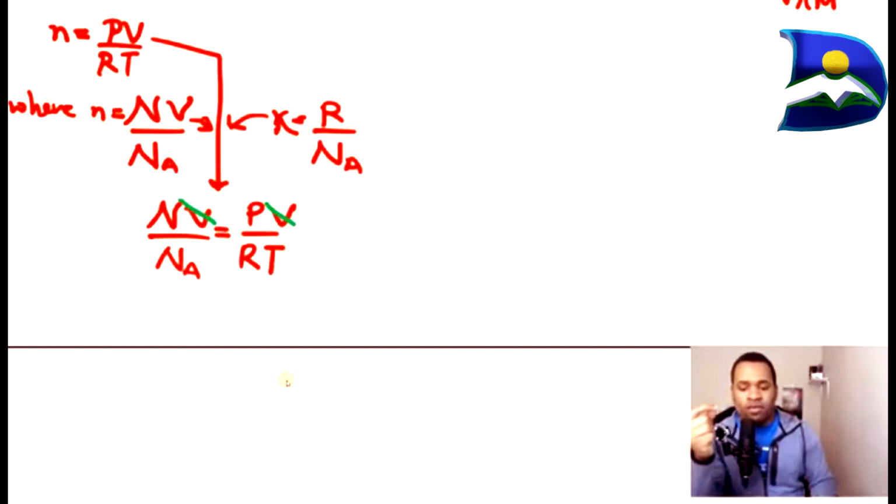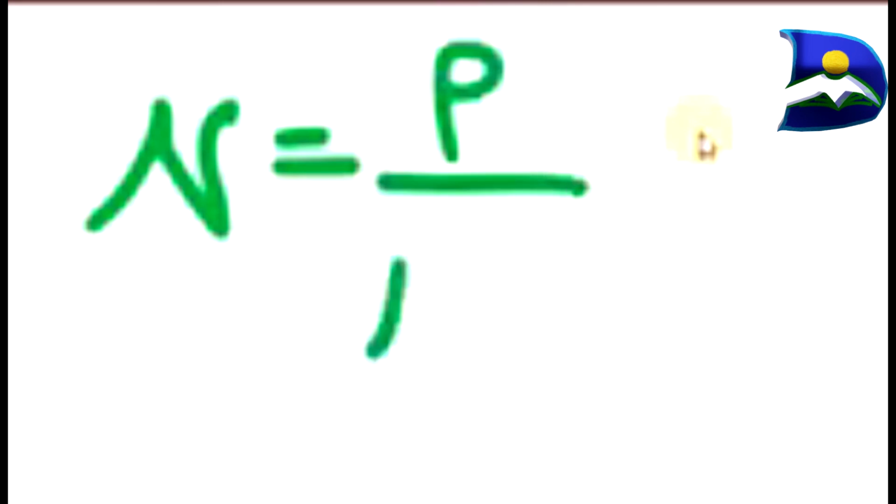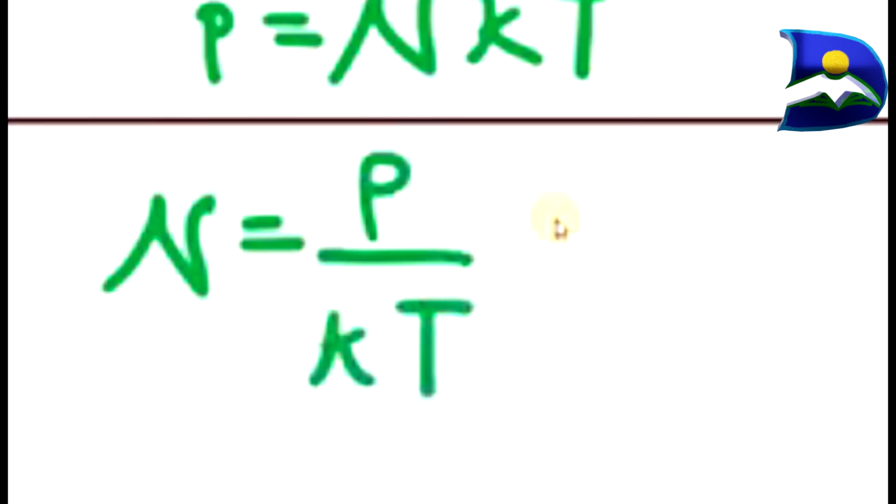So therefore, if we remove our NA, our k is our gas constant, we're going to have our pressure equal to the number density multiplied by Boltzmann's constant multiplied by our temperature. So therefore, our expression now for N, which is the number density, is in terms of the pressure over k, the Boltzmann constant, multiplied by temperature.